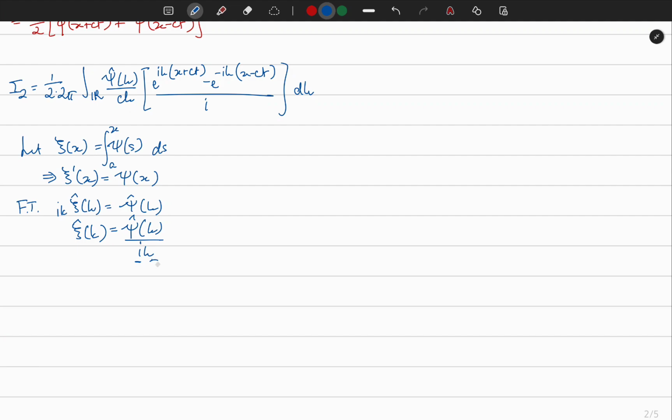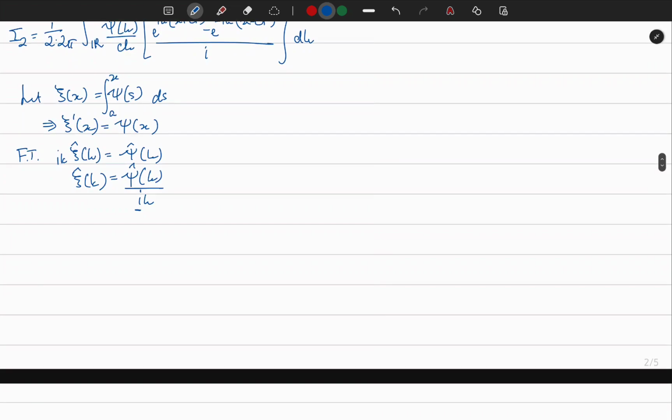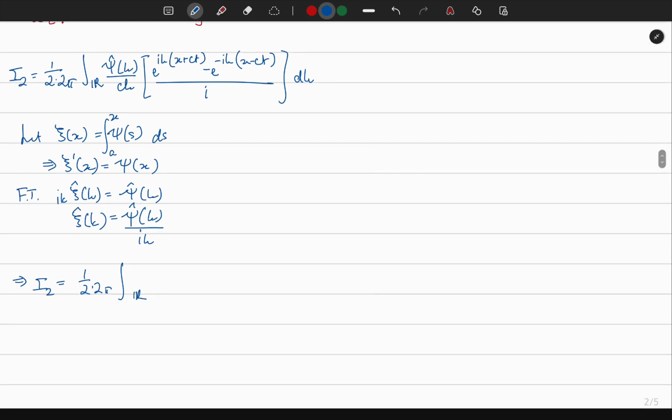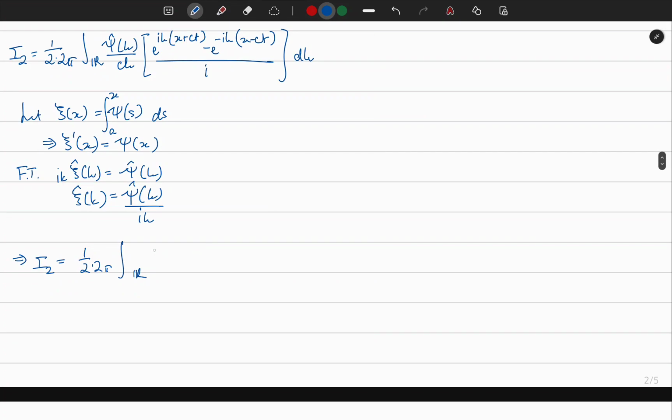So all of this really means that if we substitute this into I2, it is then equal to 1/2 times 2 pi, integral going over the reals of simply capital psi hat of k.